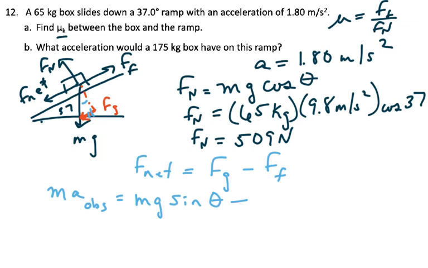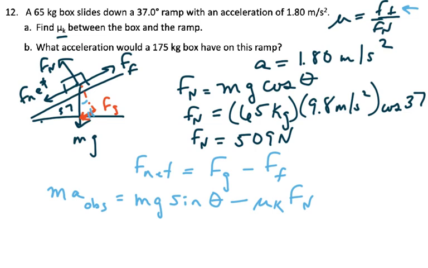So if you solve this expression up here at the top, oh dear, in terms of the frictional force, you end up with that it is equal to mu k times, or the coefficient times the normal force.